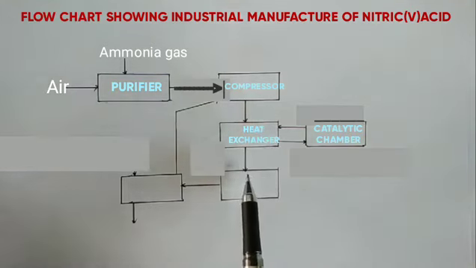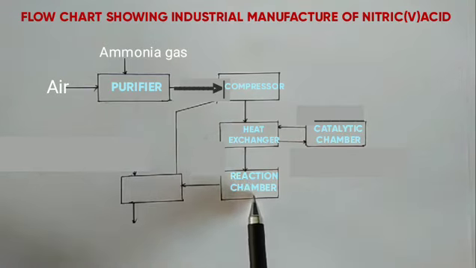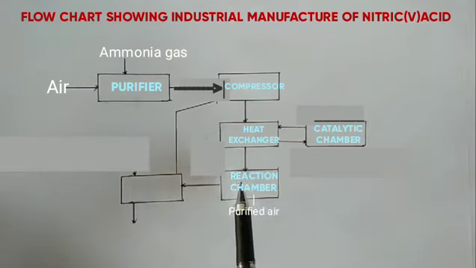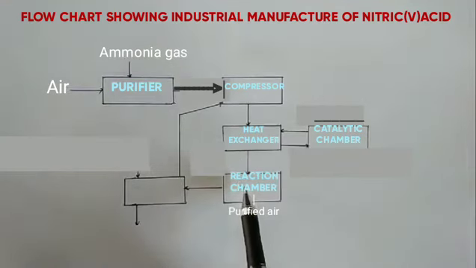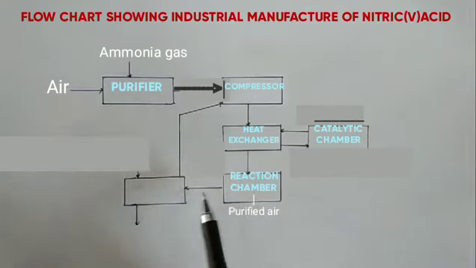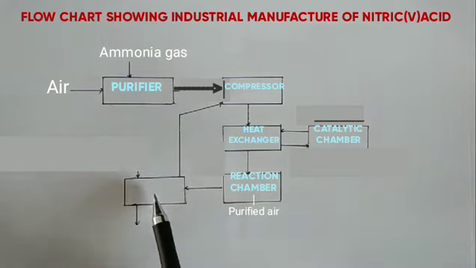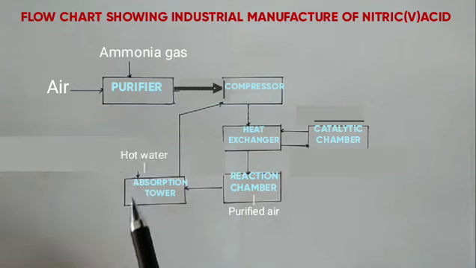Then the nitrogen 2 oxide is pumped to the reaction chamber where air comes in, purified air. Nitrogen 2 oxide is further cooled to about 45 degrees Celsius so that it is easily oxidized to nitrogen 4 oxide. From the reaction chamber, the nitrogen 4 oxide and unreacted nitrogen 2 oxide are pumped to the absorption tower where you bring in hot water.